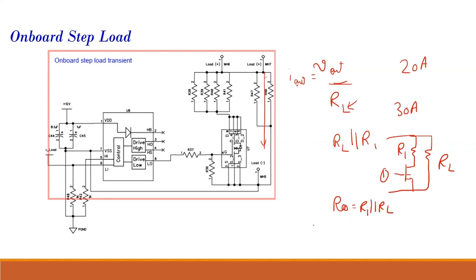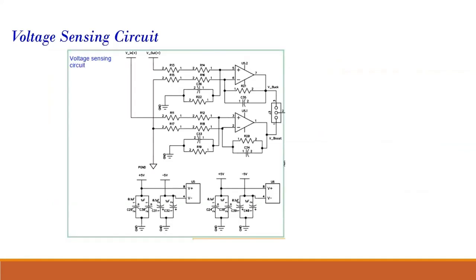And when this signal is 0, my effective resistance is just RL, which is my fixed resistance. In this way, I will give a load transient. So this is possible. And then this is a voltage sensing circuit. Again, the same differential amplifier is used.